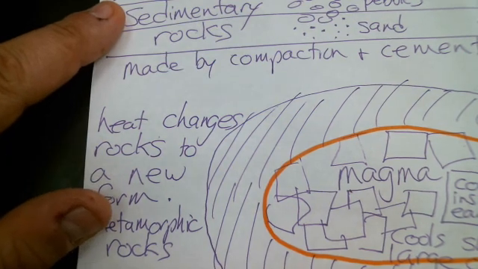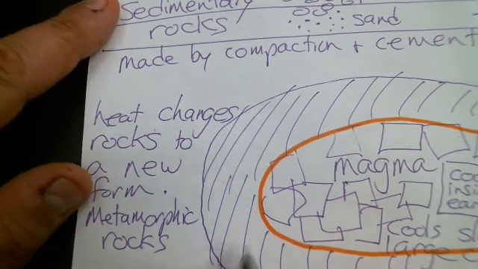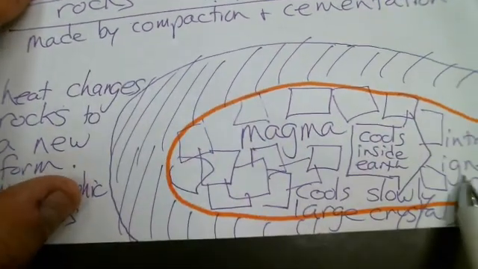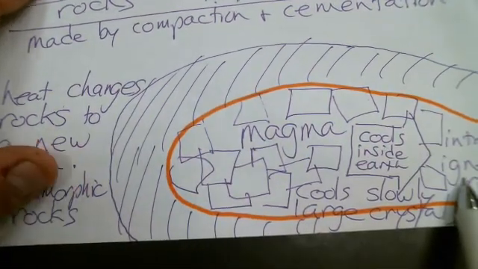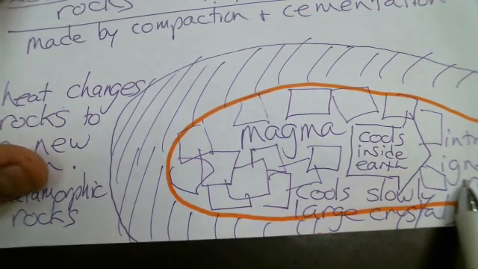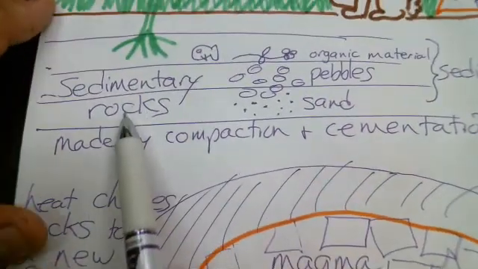Please notice that in these three kinds of rocks, metamorphic rock, sedimentary rock, and igneous rock, only one kind is going to contain identifiable organic remains, and that's the sedimentary rock.